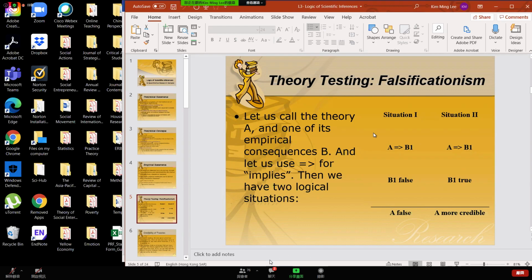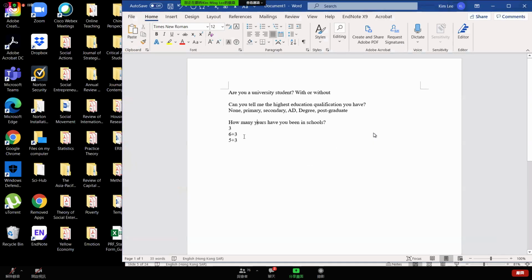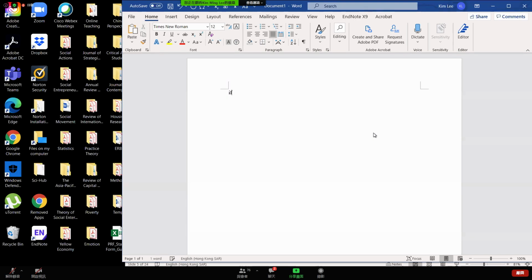Remember, that is the deduction. If you try to remember, actually, in tutorial, you have to do it, okay? So if A, then B, what happened? B is true.